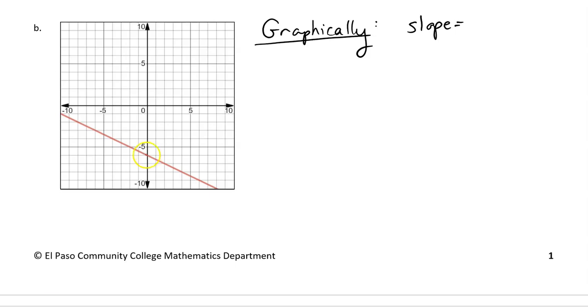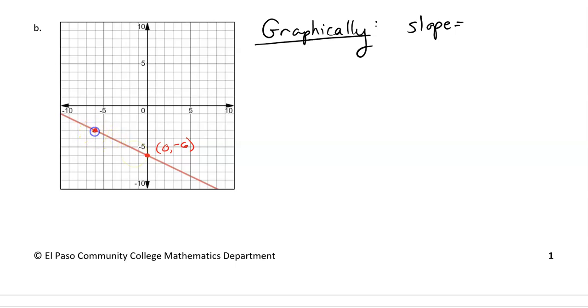And I'm liking this along my y-axis, and just to write my ordered pair, that looks to be 0, -6, just so we have that information for later. And I need a second point, so I'm going to look, maybe up here.